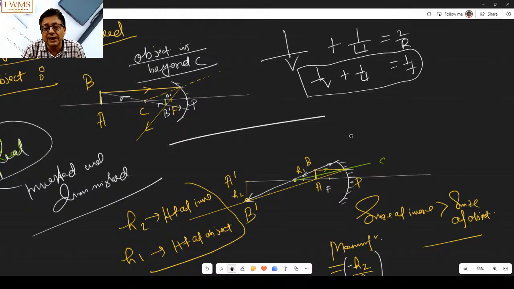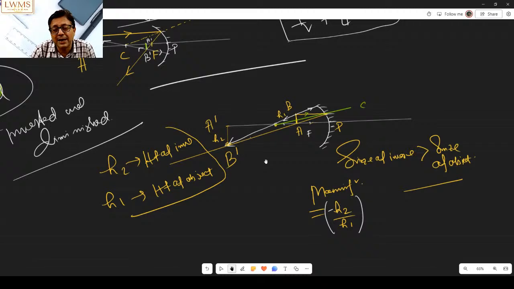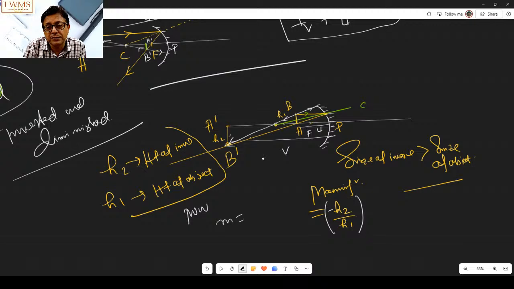So what I want to say is that by using similarity, I can easily prove that magnification m equal to h2 by h1 equal to this distance V by this distance U. These two are similar, it can be proved easily. Clear? So m equal to V by U and both are negative.